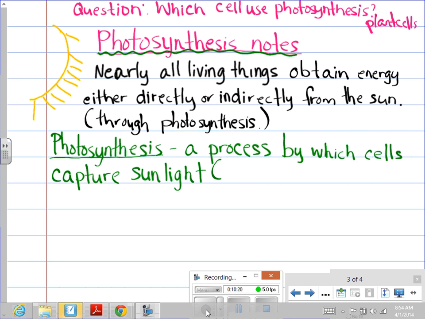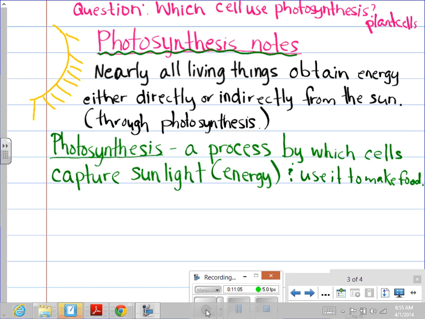And that sunlight, we said, is the what? Is the energy. They capture sunlight, they capture that energy. And do what? They use it to make food. Should we add a word next to cells?